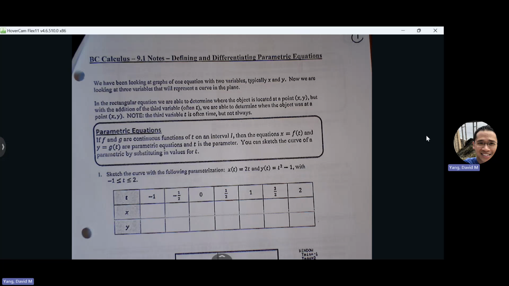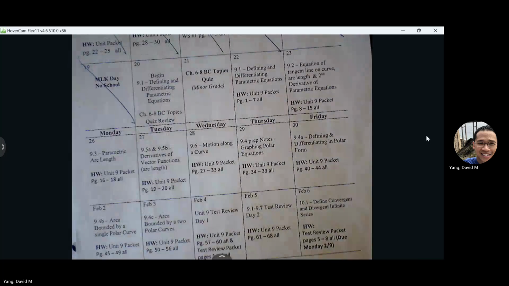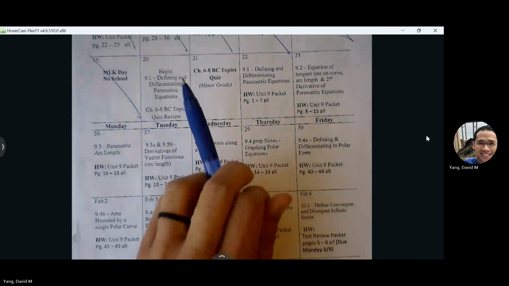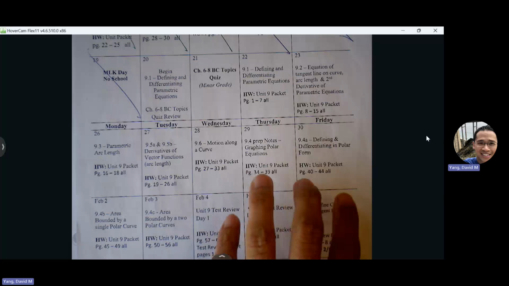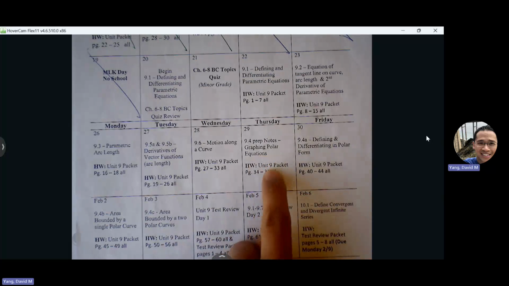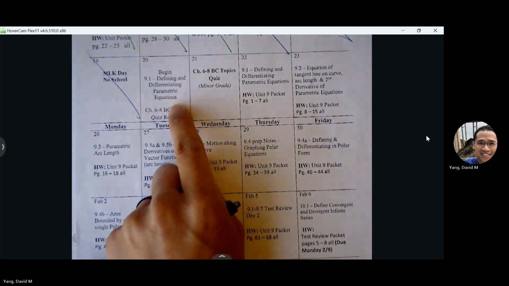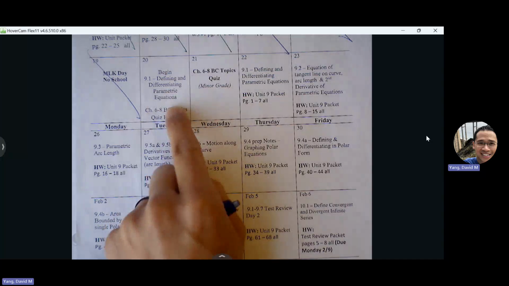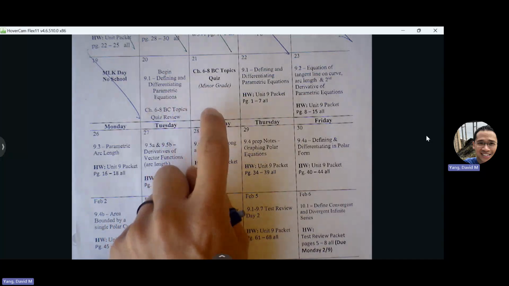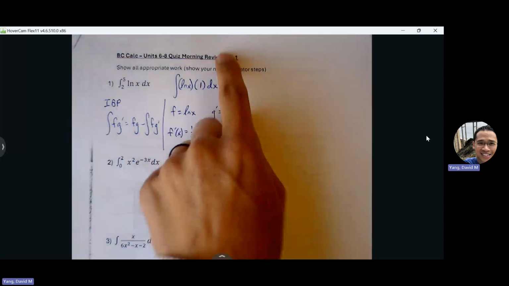But if you look at the calendar here, we're not going to get to polar area until closer to the end of next week. So today I'm just going to introduce parametric equations. Tomorrow is your quiz, unit 6 to 8. You guys picked up the morning review worksheet.